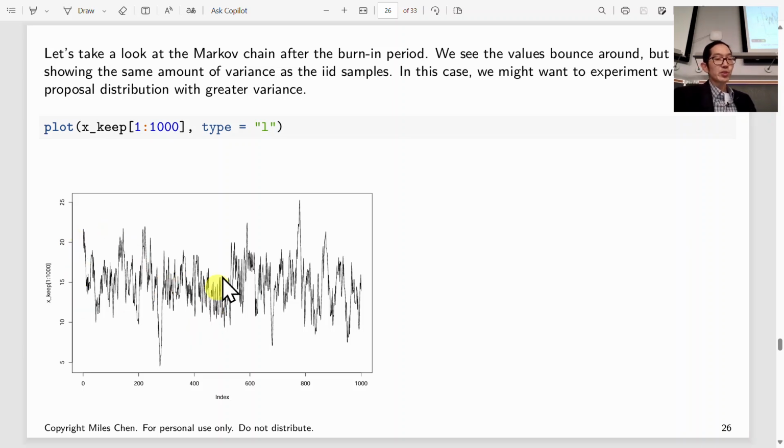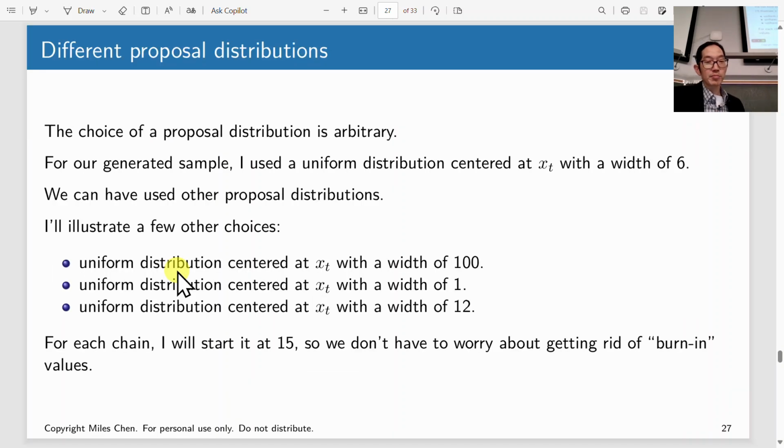Okay, so this is what our thing looks like using my uniform. If I use the uniform distribution to propose a new value, okay? And I'm going to just show you some terrible proposal distributions, okay? So sometimes you have a proposal distribution that just proposes too many bad values.